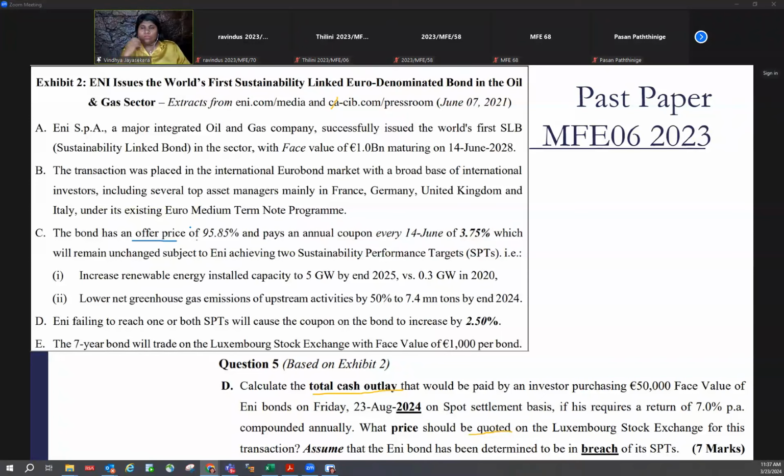So at the time this bond was first issued in 2021, it was offered at 95.85 of 1,000. That means the price of this bond the very first time it was offered is 958.50.